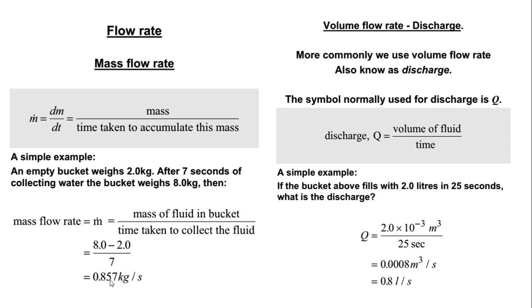Then the next one that we are going to use is known as volume flow rate, or the name that we are going to use the most, discharge. We can define discharge as volume of fluid divided by time. The symbol for discharge is Q. So in fluid dynamics, when you see capital letter Q, you know that this is discharge.